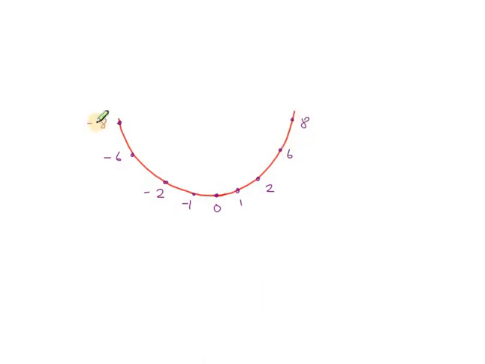And what we see is minus 8 to minus 6, the gradient is increasing. So on a number line, if you go from minus 8 to minus 6, your values are increasing, and then increasing again to minus 2, and still increasing, and the gradient continues to increase.